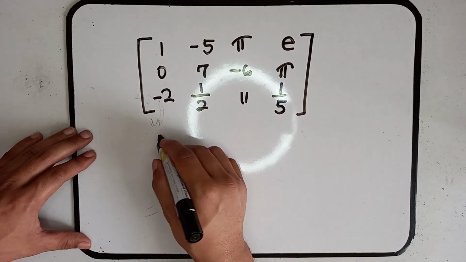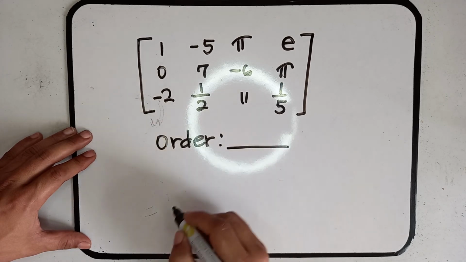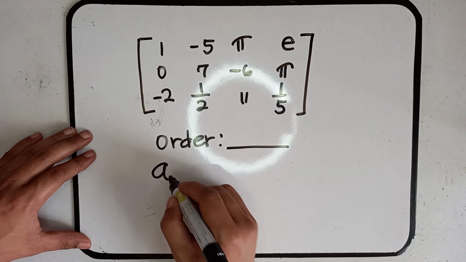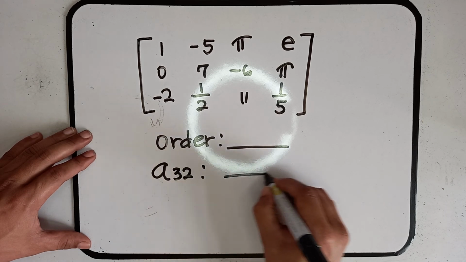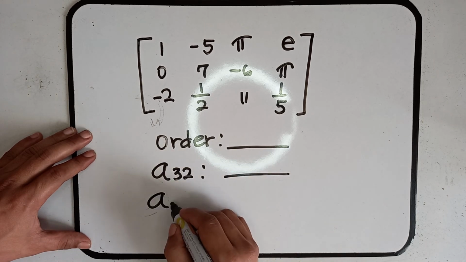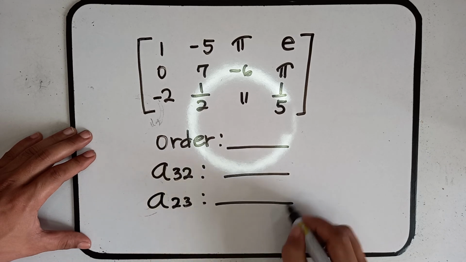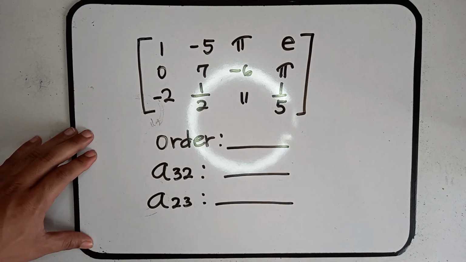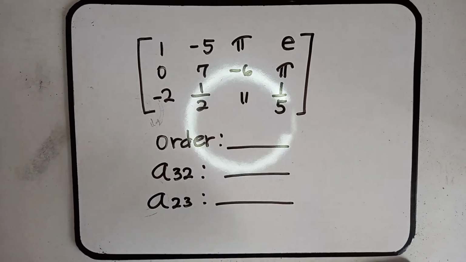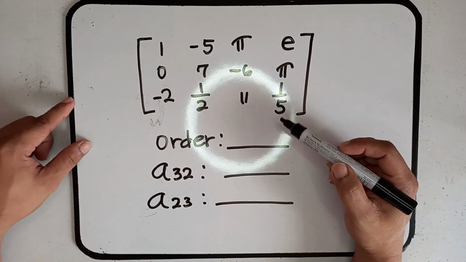Okay, so let's identify the order. What is the order of this? Let's also look for the value of some elements. So let's start identifying the order of this matrix.